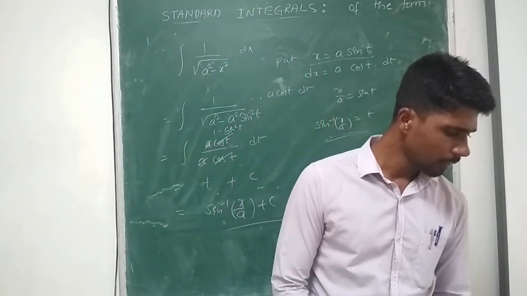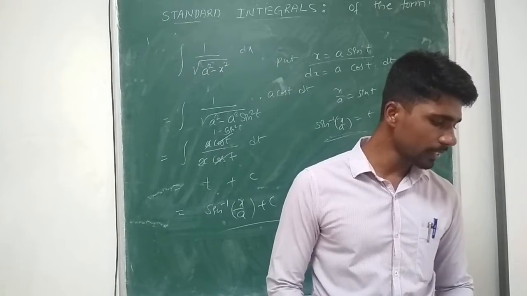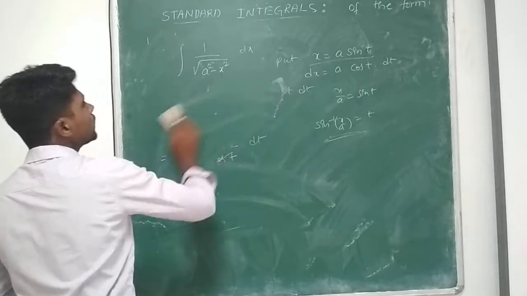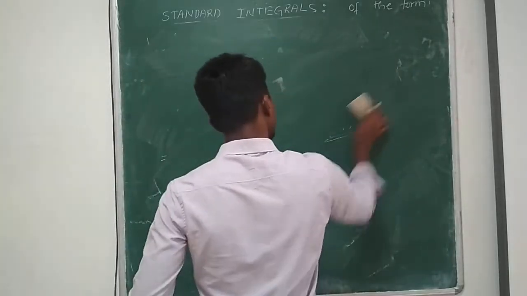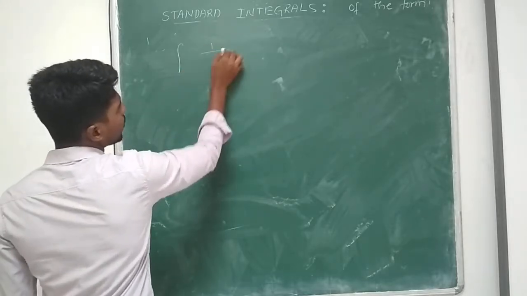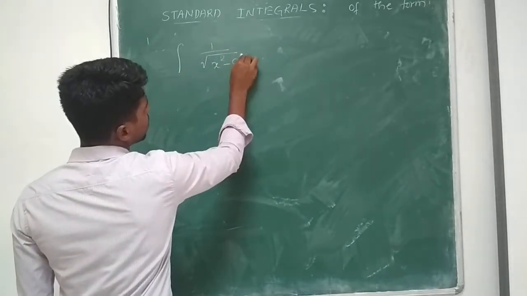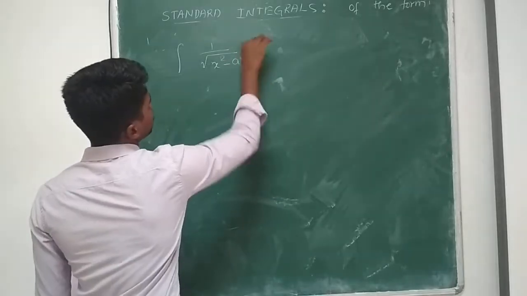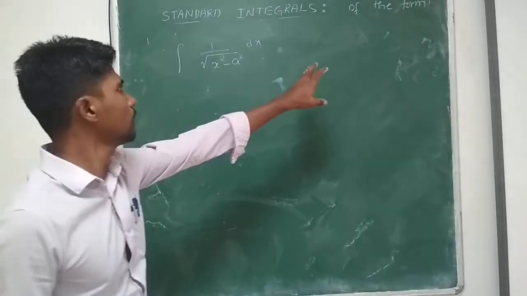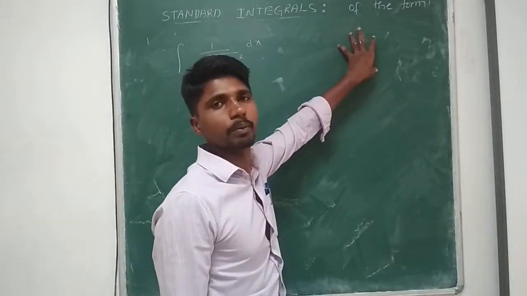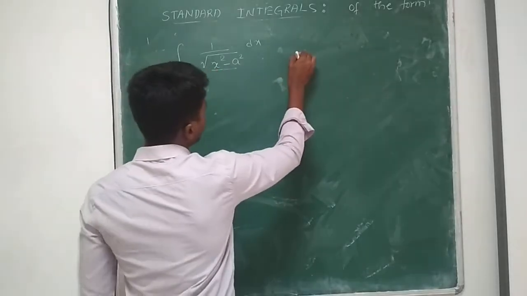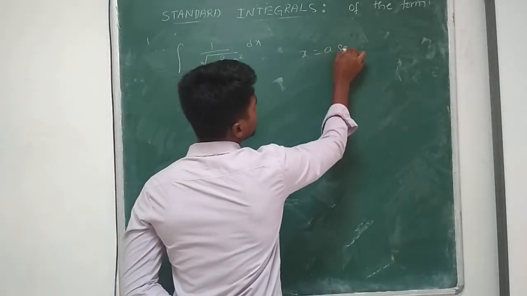X square minus a square or x square plus a square. Wait a second. If I have only 1 by root of x square minus a square dx, then for this particular purpose we need to use x as a secant t.